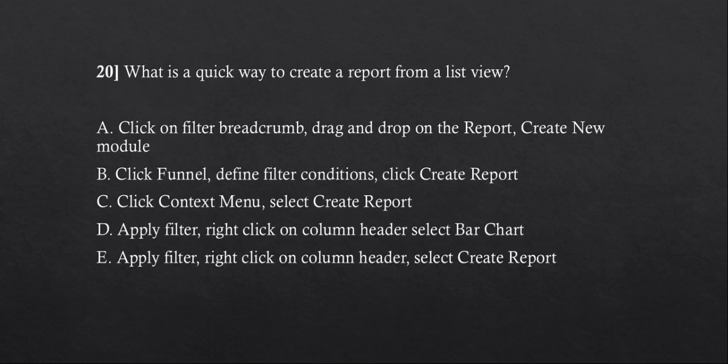Next question. 20. What is a quick way to create a report from a list view? A. Click on Filter breadcrumb, drag and drop on the report, create new module. B. Click Funnel, define filter conditions, click Create Report. C. Click Context menu, select Create Report.